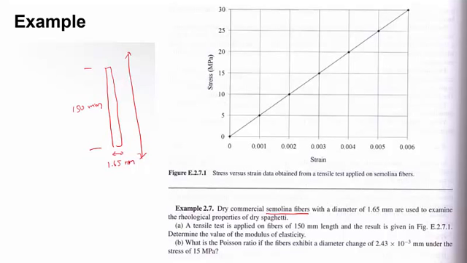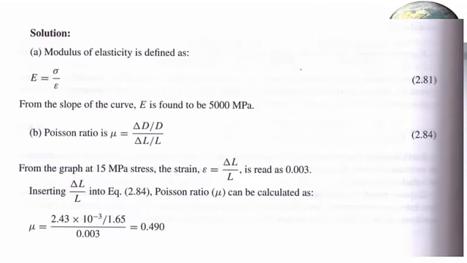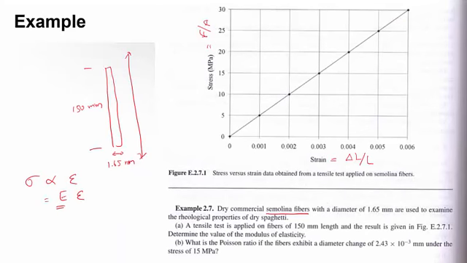And then when they do that, the strain, if you remember, is delta L by L, and stress is nothing but the force applied per unit area, right? As you remember, the stress is proportional to strain, and the proportionality constant is the Young's modulus. Therefore, the slope is the Young's modulus.